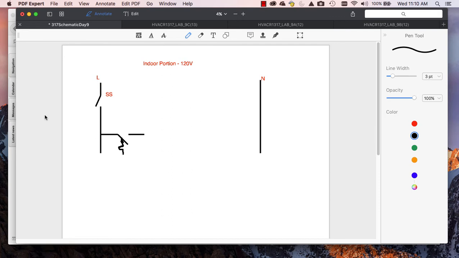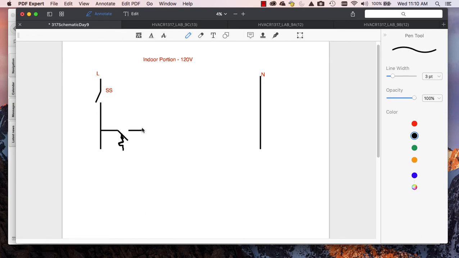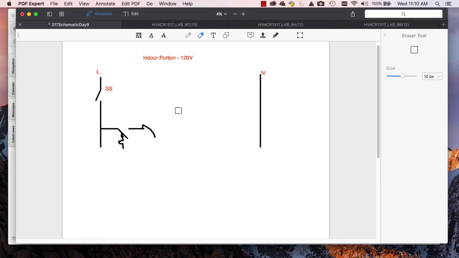Okay, then out of my thermostat, let's go ahead and put in, and let's make it so that I can actually read it. Yeah, sometimes we just don't do well with our drawings.